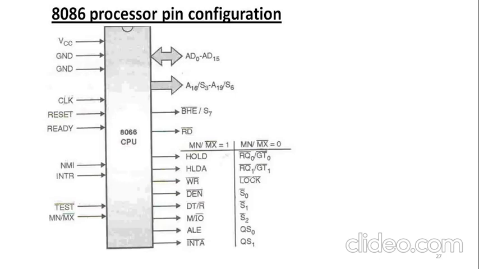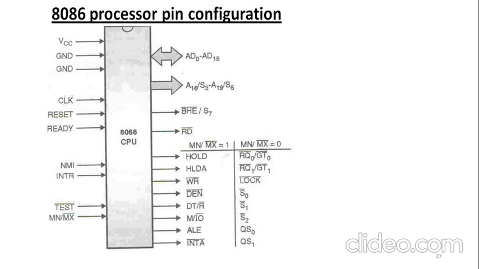Hello, in this lecture we will see the 8086 processor pin configuration and the detailed operation of the multiplexed signals. Now here in this slide you will find the pin configuration, various pins of 8086 organized as per their corresponding groups.